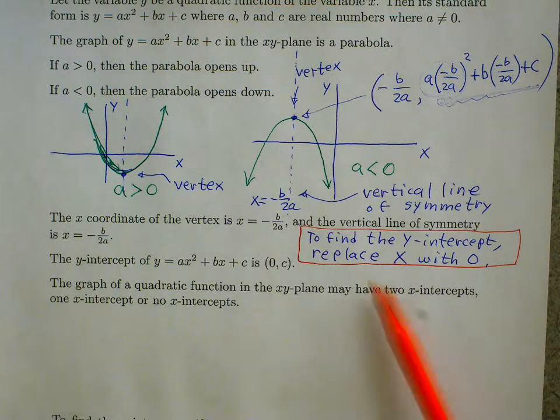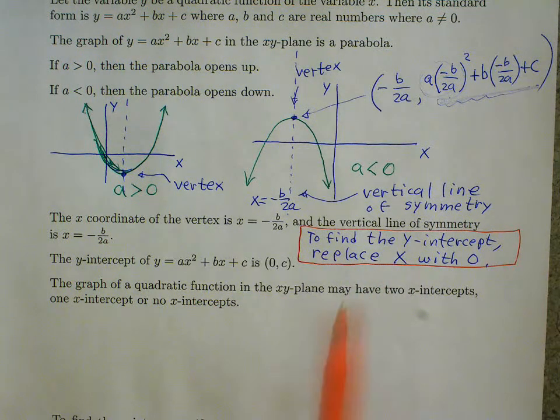Well, the same concept is true for graphing parabolas. So why does that work? Why does replacing x with 0 help us find the y-coordinate of the y-intercept?